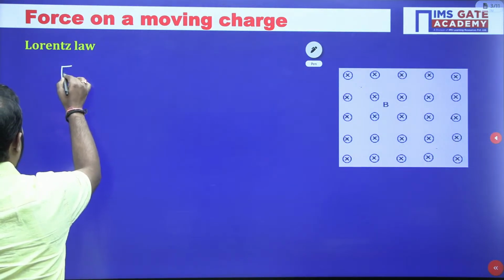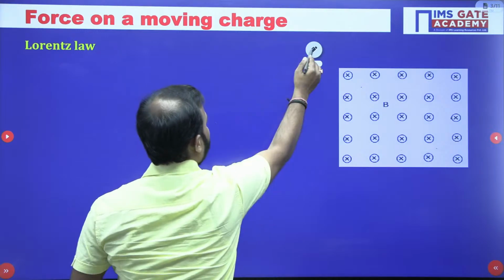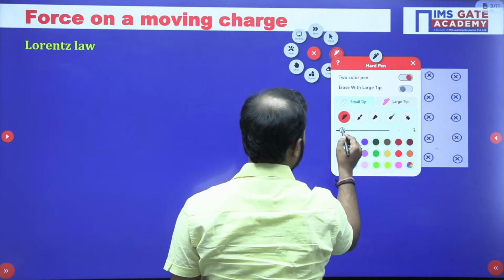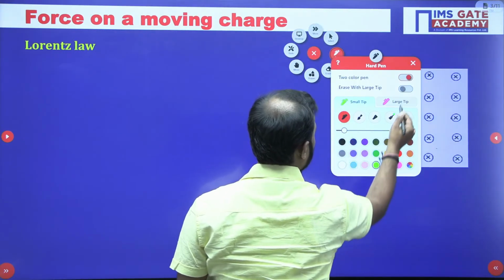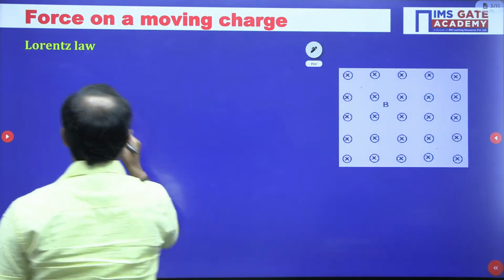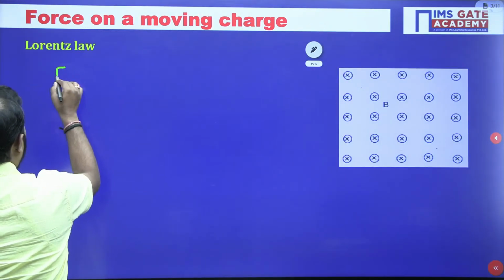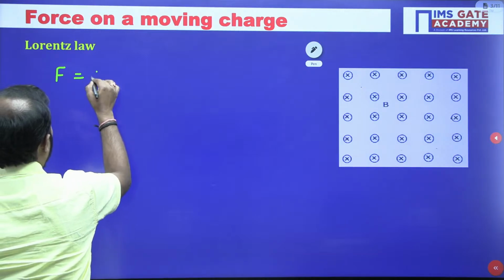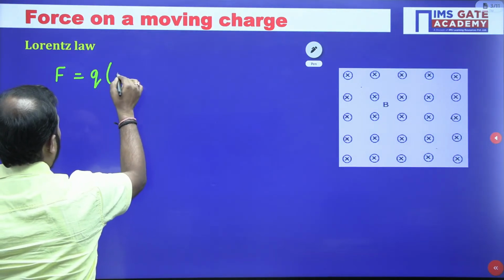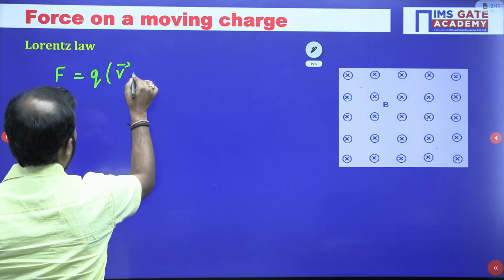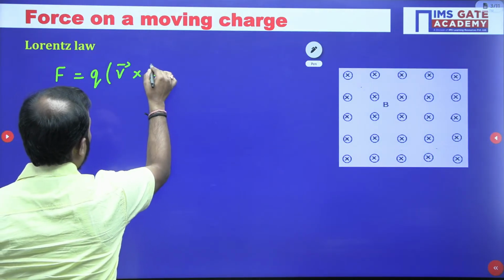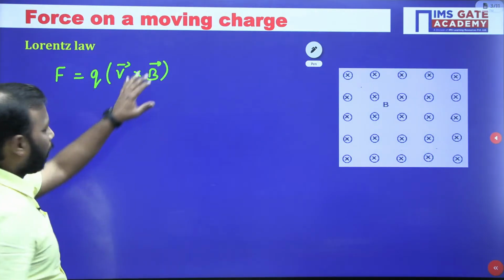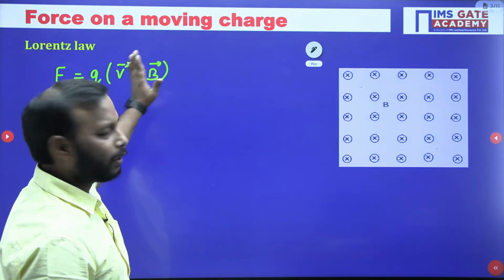It says F is equal to the charge times the velocity of the conductor crossed with the magnetic field in which the conductor is moving.